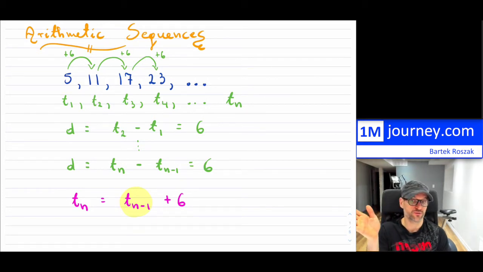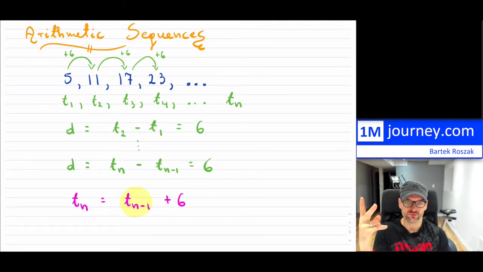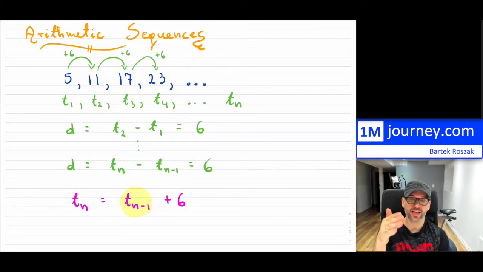So if we know the first one, let's say 5, then it goes to 11, and then it goes to 17, and so on. So if we wanted to find term 2, really it's just take term 1 and add 6 to it, and you'll get 11. If you want to find term 3, take the second one, which is 11, and add 6 to it.